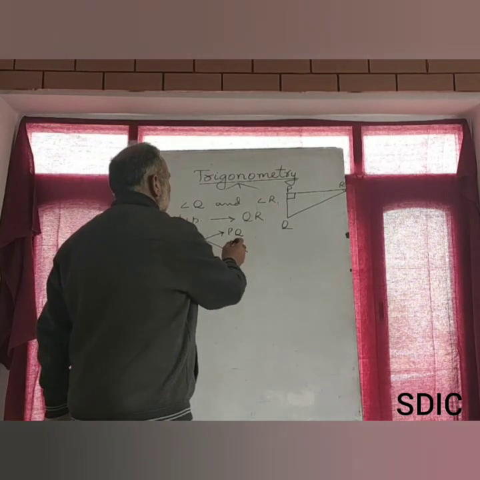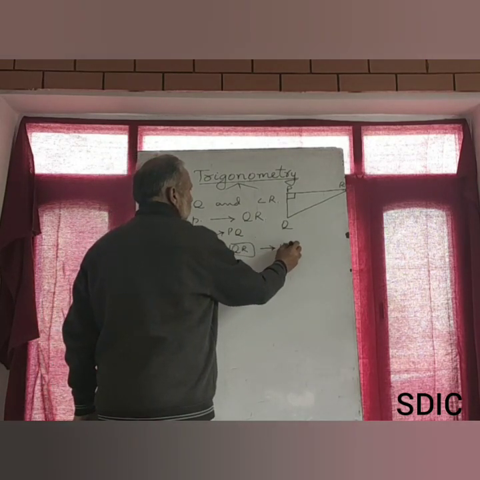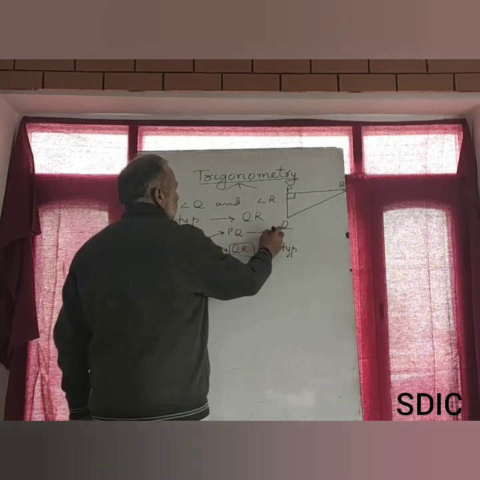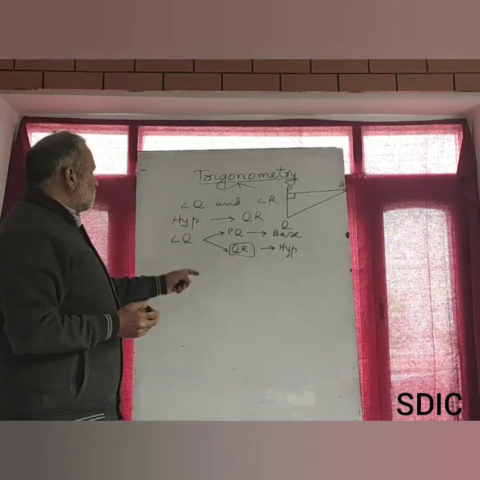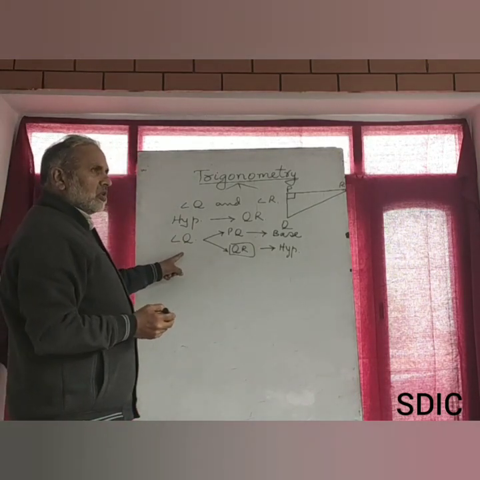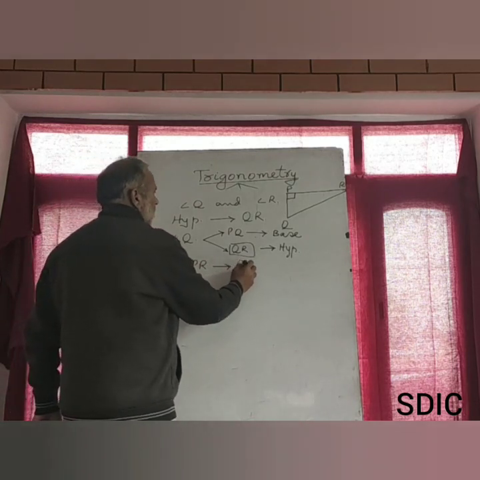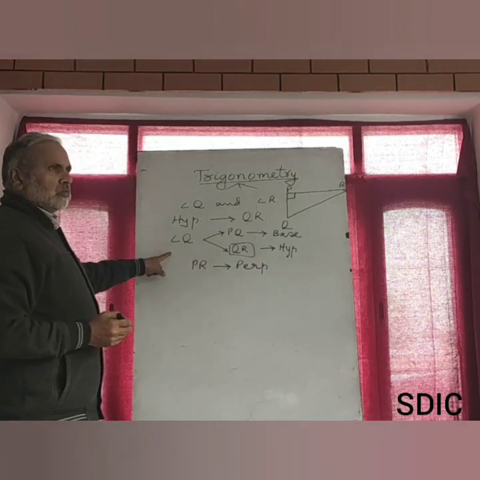Out of these, QR being the hypotenuse, the side PQ will then be the base with respect to angle Q. The third side PR will be the perpendicular with respect to angle Q.